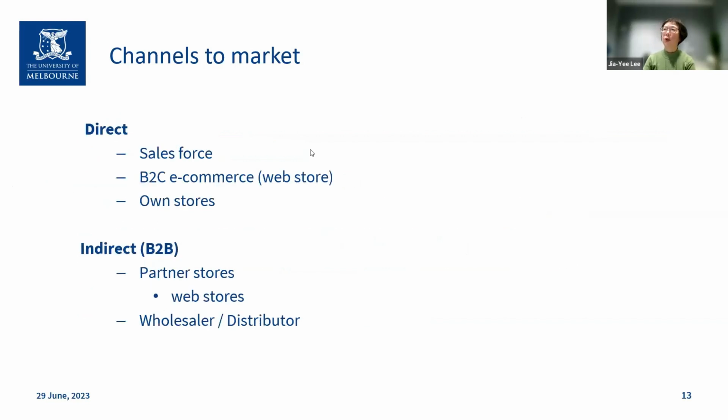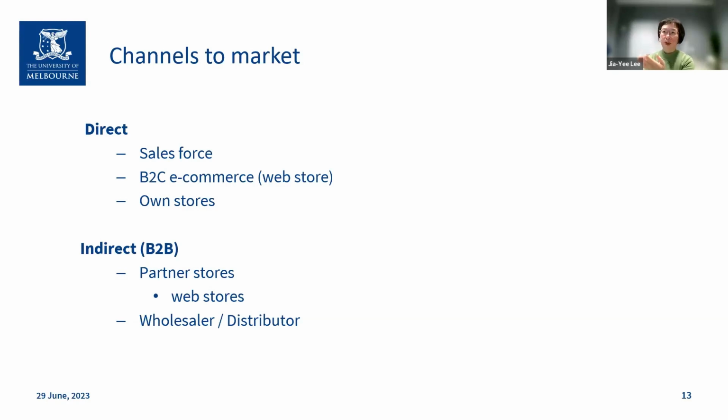So I'm going to talk about the different types of channels to market, which you are all very familiar with. You can have some that have a direct sales force, some that have their own store. Harvey Norman is an example of a brick and mortar approach where customers can go direct to the store.